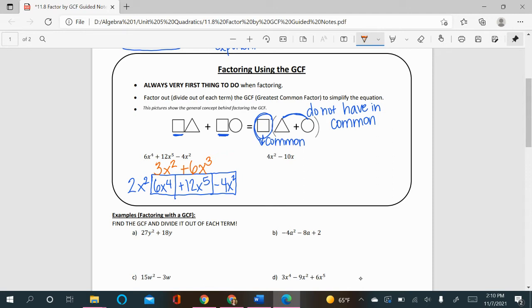So I have a 2, I need a negative 2. Then that's an x squared, and I already have an x squared, so it will not get a variable. So when we go to write our answer, we write our GCF on the outside, and then the numbers that we got back on the inside.